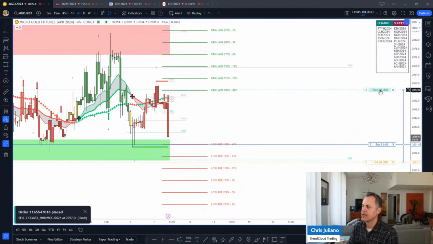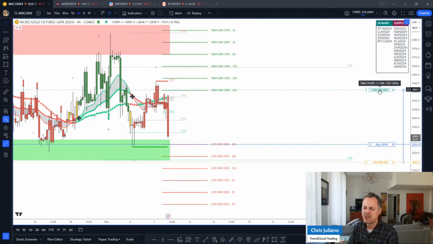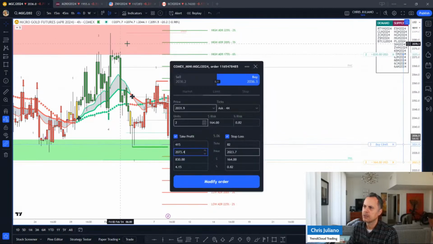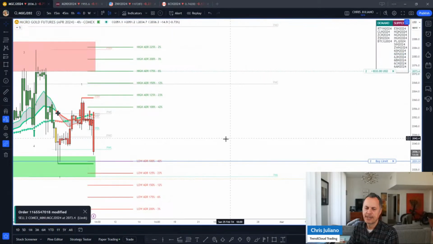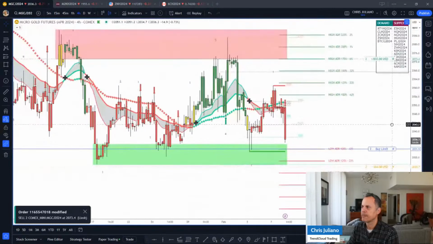So we're looking at around $164 risk and about a $500 win. So there's a lot of asymmetrical leverage here, right? If we go back to the supply zone, it's about $300 more, about $830, right?